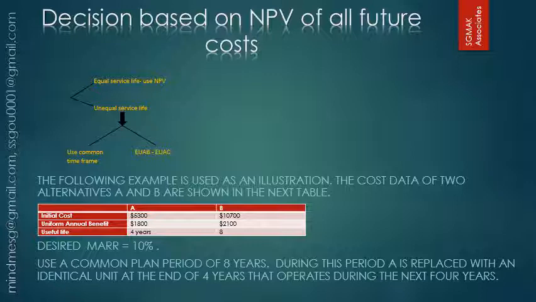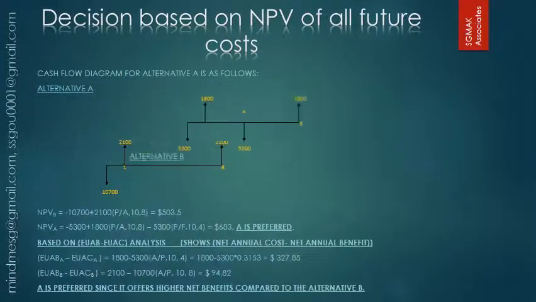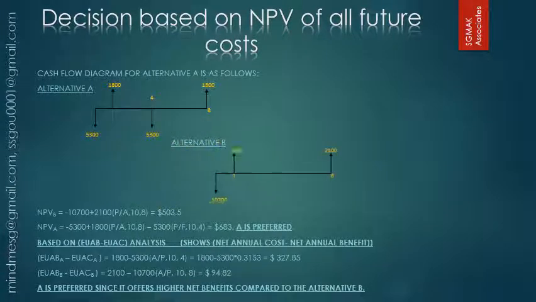After 4 years, we replace A with an identical unit that runs for another 4 years. Here's what the cash flow diagram looks like. For A, we have a replacement after 4 years with the identical cost structure. B just goes through one cycle of 8 years.